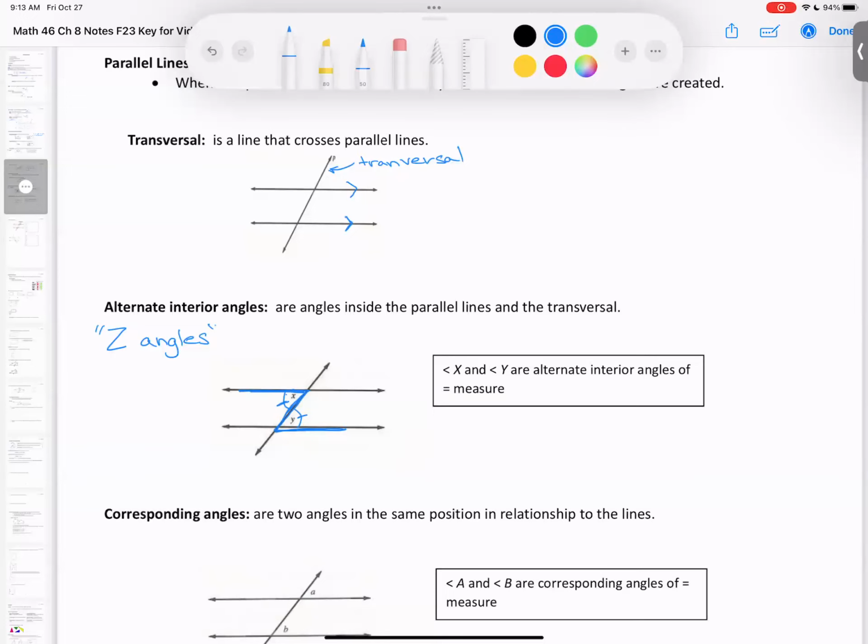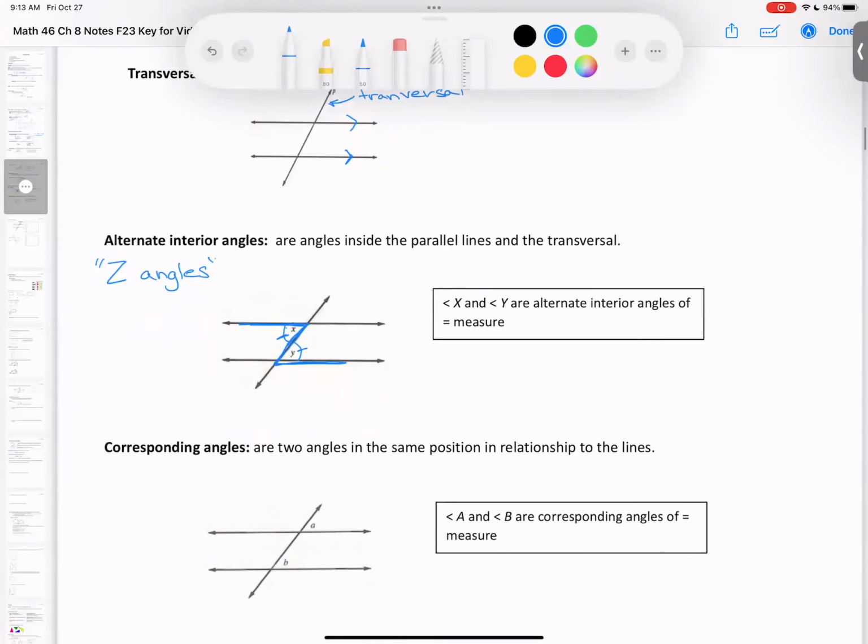They're going to have the same angle. So that's alternate interior or Z angles.